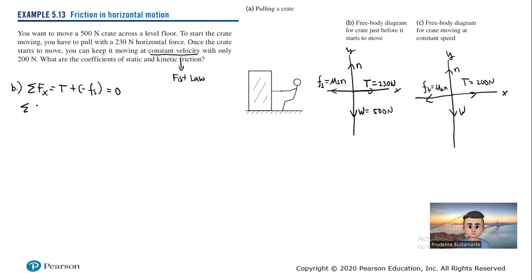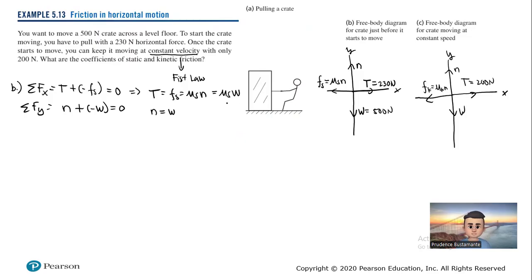And for the y, the normal force plus the negative of the weight is equal to 0. So from here, the tension is just equal to f sub s, which is mu sub s times n, and the n is just equal to the weight. Therefore, this will be equal to mu sub s times the weight.